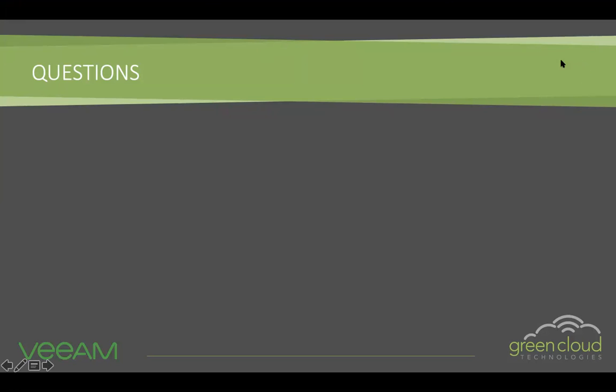We have a question here, Alex, about what kind of RPO can we deliver with the Veeam replication? Sure. So RPO is going to be fully configurable by the partner. That's directly related to the scheduling of the backup jobs. RPO is going to be the amount of data that's lost between when the disaster occurred and whenever the last backup was taken.